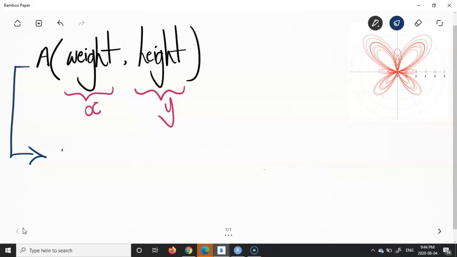We said, okay, imagine that you look at this basic equation, ax plus b, which is the basic linear function.